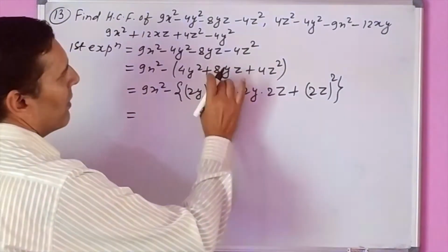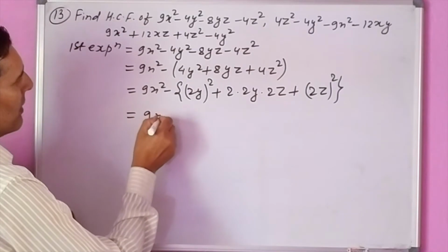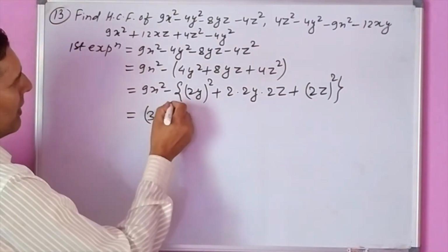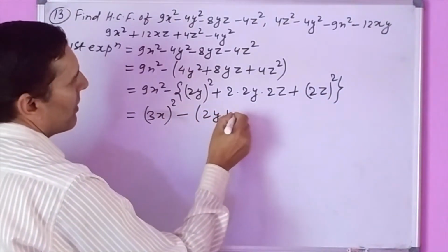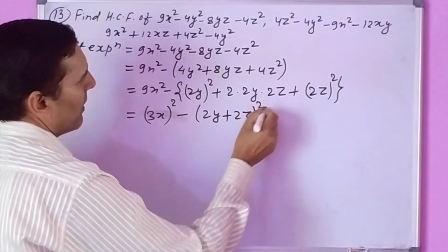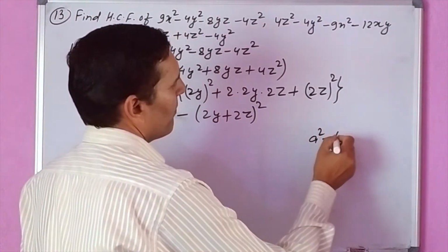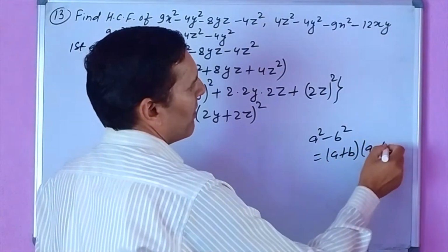There is no difference between this part and this part here. So 9x square, we can write as square of 3x here, and inside the bracket it is square of 2y plus 2z. Now it is in the form of a square minus b square.